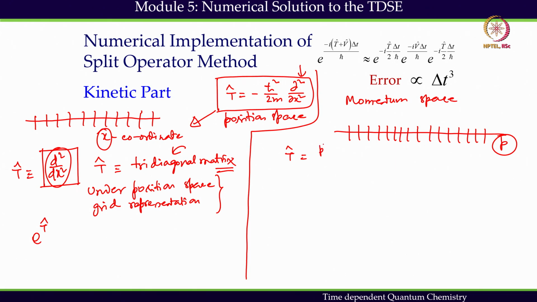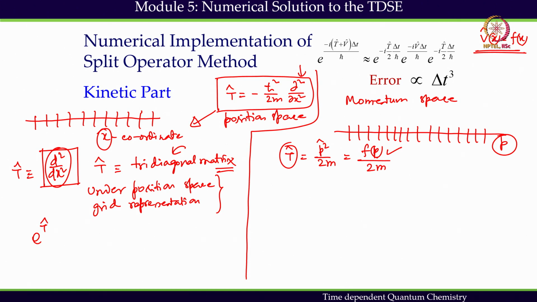It is nothing but p squared divided by 2m, which is a simple function of p. It's just like V in position space, which is a function of x. So potential energy is a simple function of position. Similarly, the kinetic energy operator is a simple function of momentum.